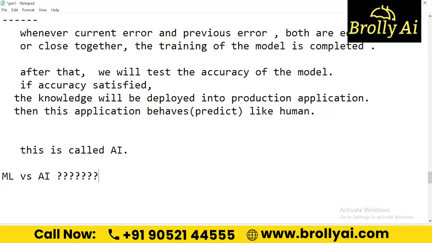Today, I'm talking a new word called AI. Now, my question is, what is the difference between ML and AI? Simple answer: ML trains a model.